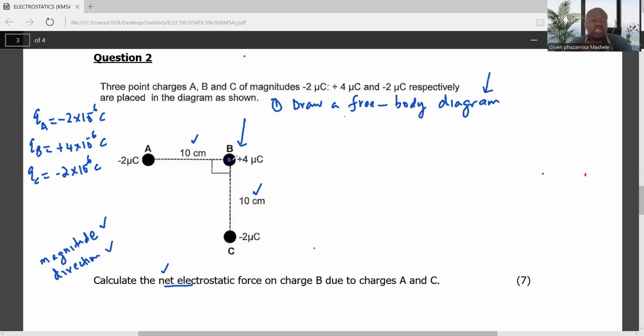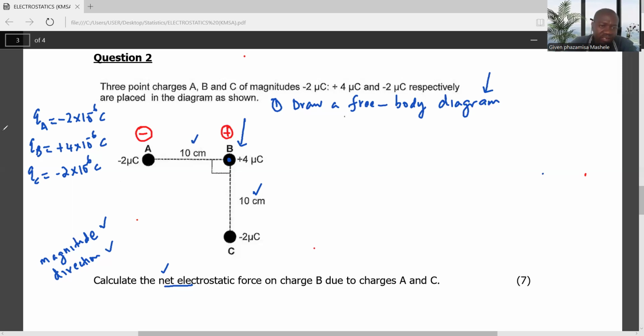Then we take those decisions of attraction and repulsion to say, okay, fine, charge A is negative and charge B is positive. What is going to happen? They will have an attraction.